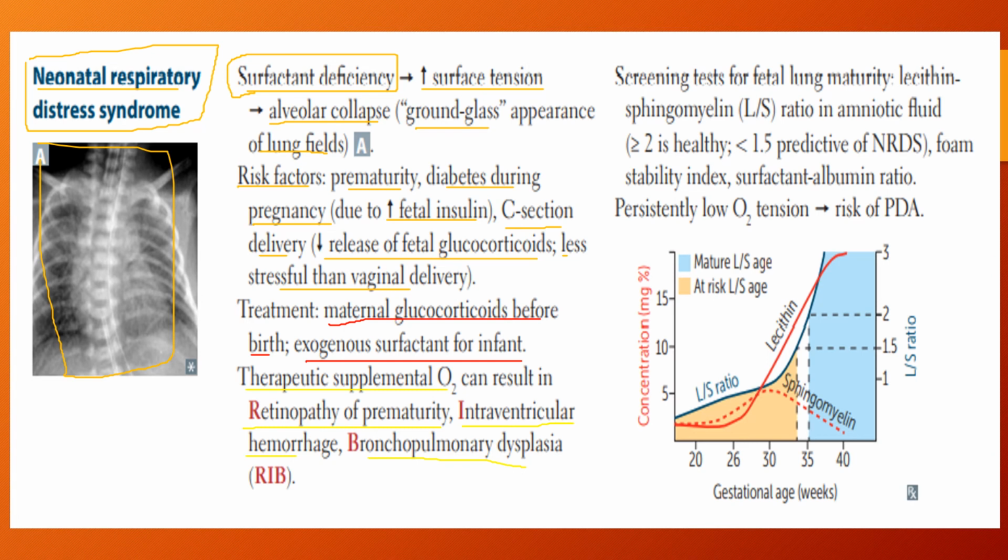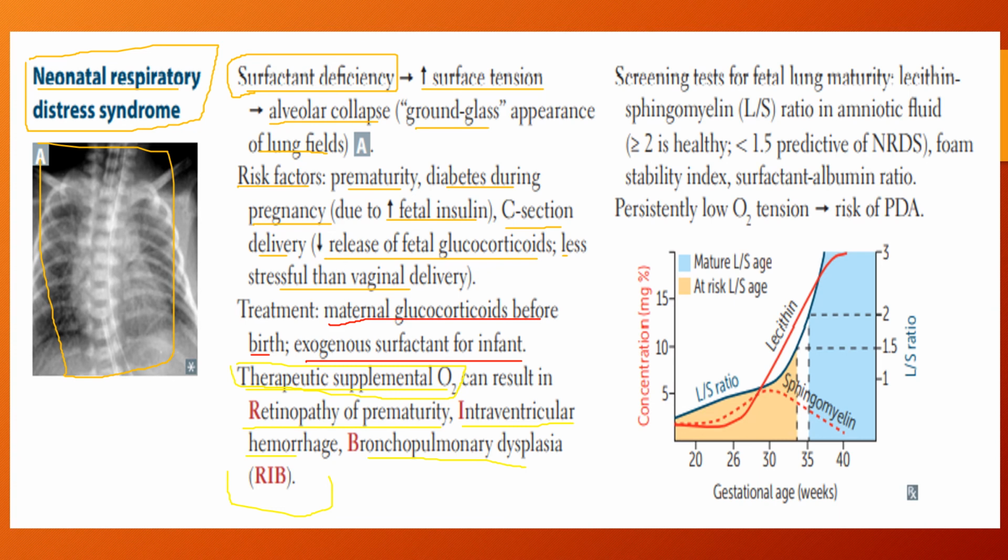You can remember it by the mnemonic RIB: R for retinopathy of prematurity, I for intraventricular hemorrhage, and B for bronchopulmonary dysplasia. It is associated with therapeutic supplemental O2.